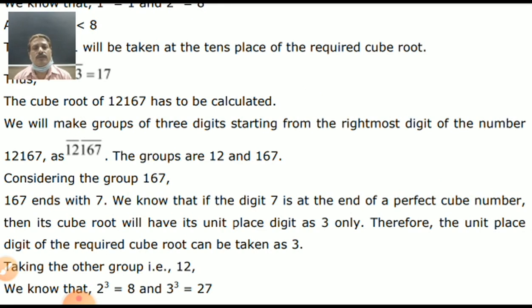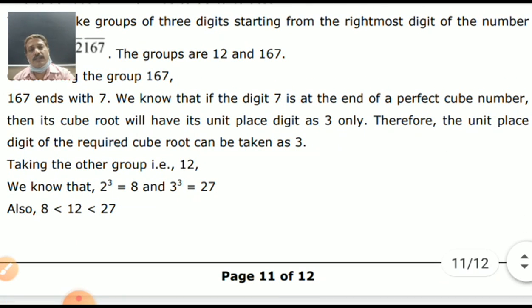Next number, 12,167. Here two groups of 3 digits are there. Yes, my dear students, again the last digit is 7. If the last digit is 7, then the perfect cube's root will have unit digit 3. Now 12 is remaining. 12 is lying between 8 and 27. Yes, 2 cubed is 8 and 3 cubed is 27.